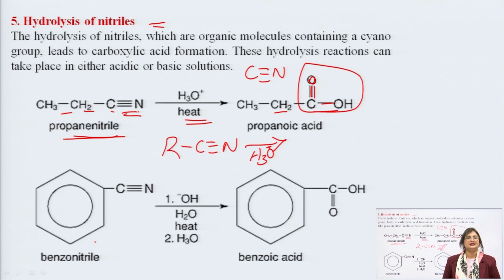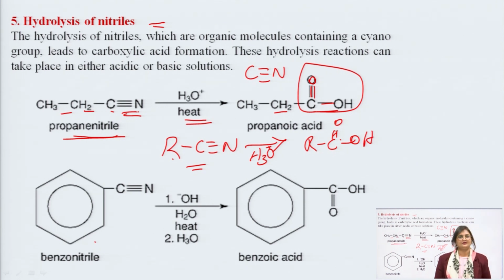If we write the general reaction, then in nitriles this R group can be an alkyl group, an aromatic ring, or any functional group, to form an acid which is RC double bond OOH. So, this is the general formula for the preparation of acids from nitriles, wherein hydrolysis of nitrile takes place.